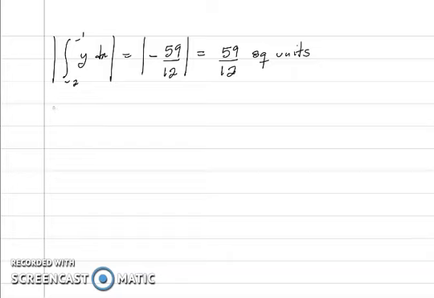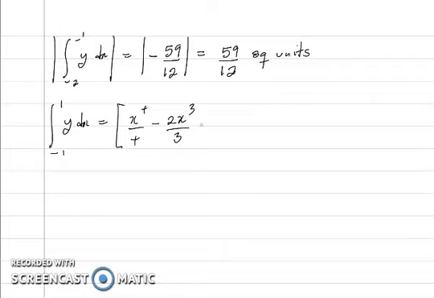The second one is from -1 to positive 1 of y dx, which would be equal to, we already worked out the integral. So this is x to the 4 over 4 minus 2x cubed over 3 minus x squared over 2 plus 2x, and this is from -1 to positive 1.